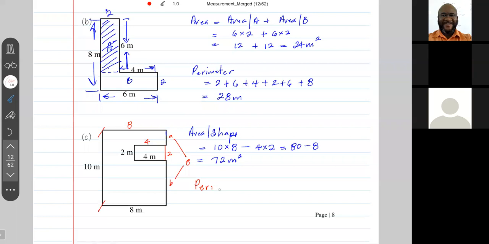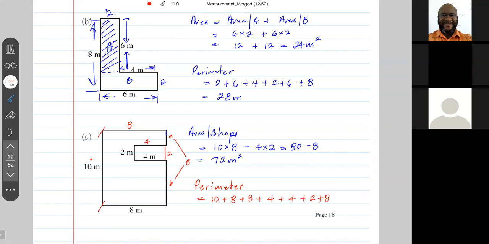So the perimeter now would be equal to, let's start with 10. 10 plus 8 plus 8, and this 8 is the A and B, plus 4 again, plus 2, and lastly, plus 8.